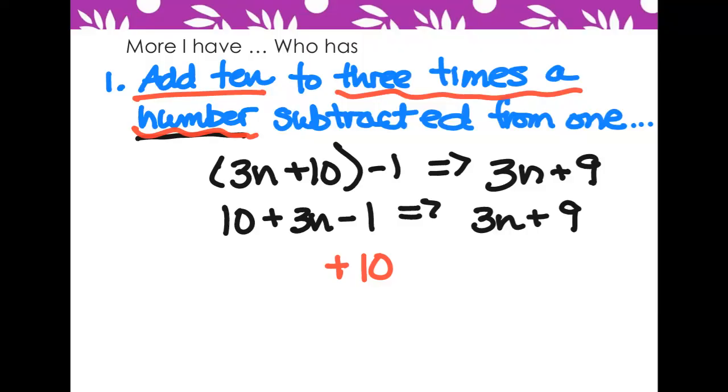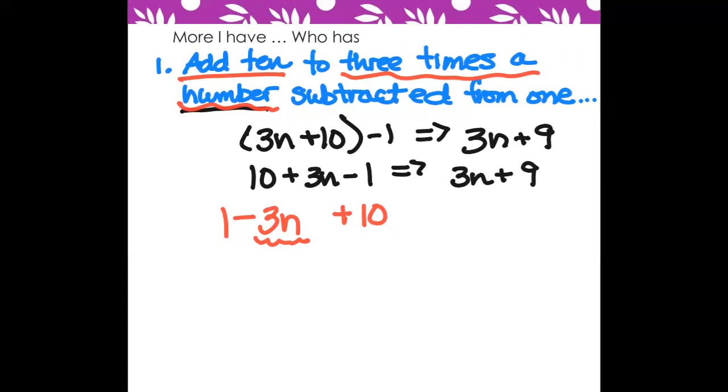So add 10 to 3 times some number, but this number is what is subtracted from 1. Do you see that? So we're not subtracting 1. It's not 3 times the number minus 1. It is 3 times the number that is subtracted from 1. If I put this together, I can combine 1 and 10 to get 11 minus 3n, or negative 3n plus 11.